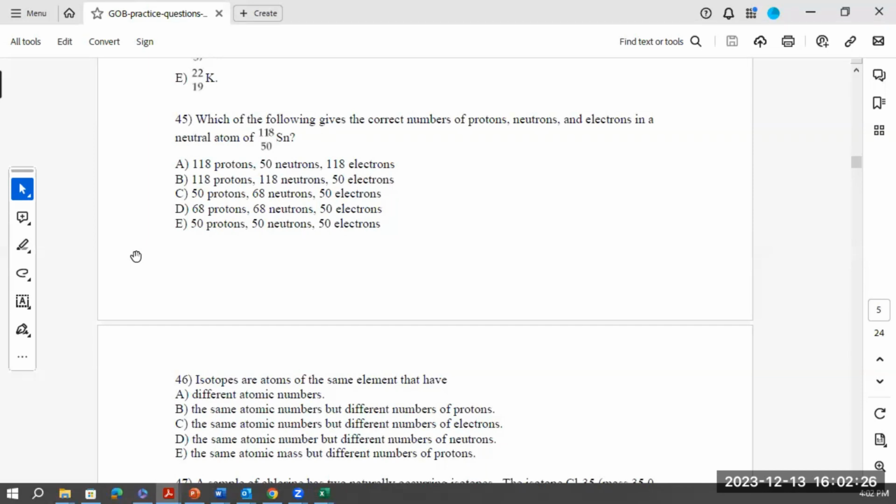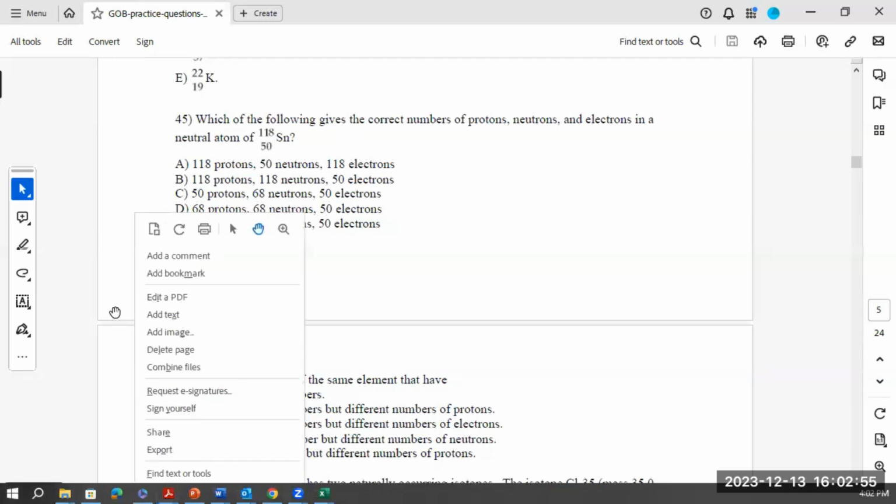C, 50 protons, 68 neutrons, 50 electrons. D, 68 protons, 68 neutrons, 50 electrons. E, 50 protons, 50 neutrons, and 50 electrons. C. The correct answer is C. That is a good job, guys. It's all coming back. You guys are doing good so far.